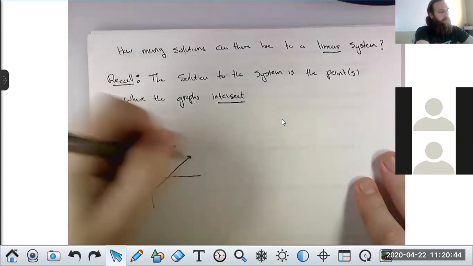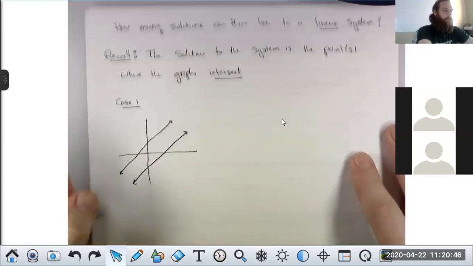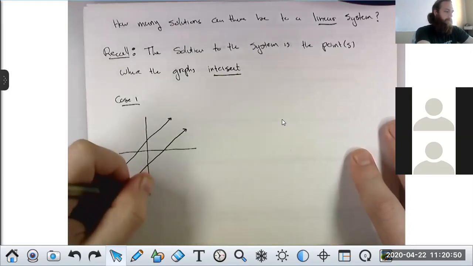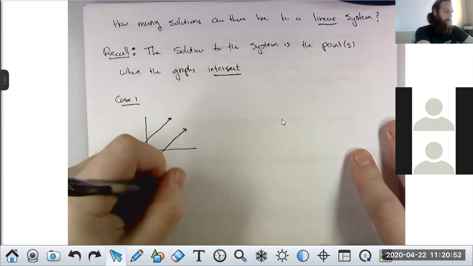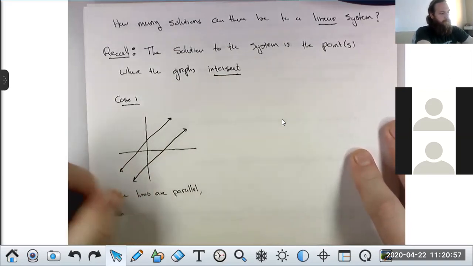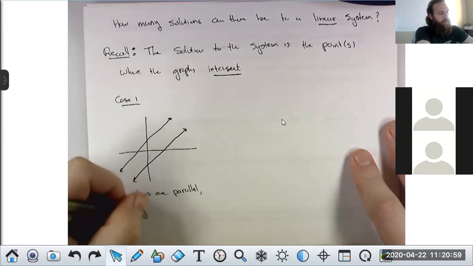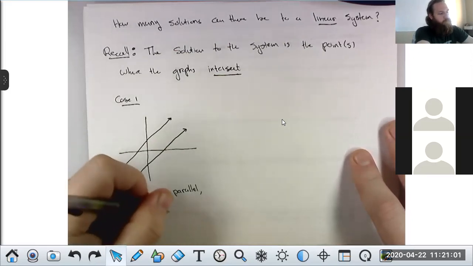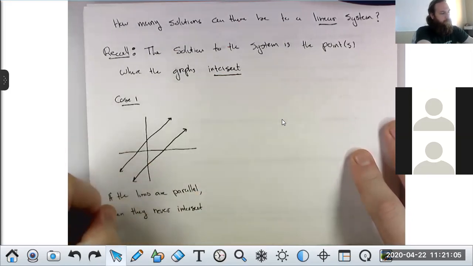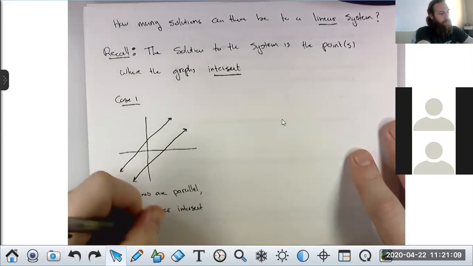It's possible that the lines are parallel. And they never intersect, i.e., the system has no solution.